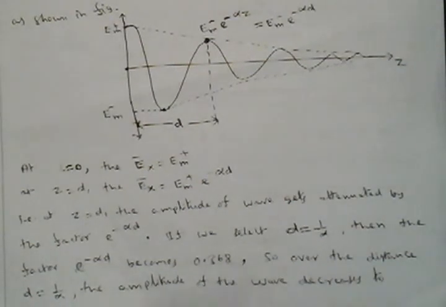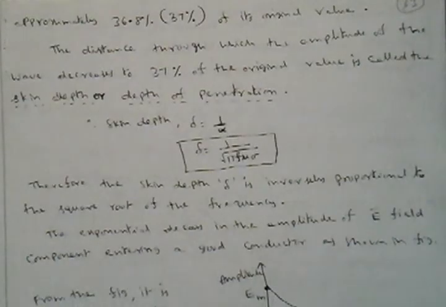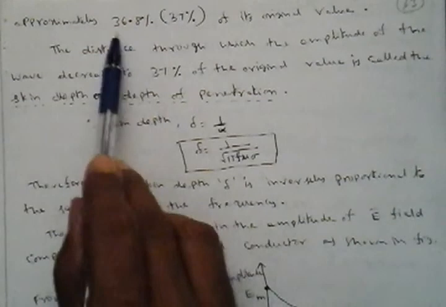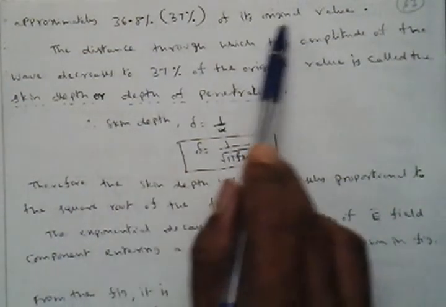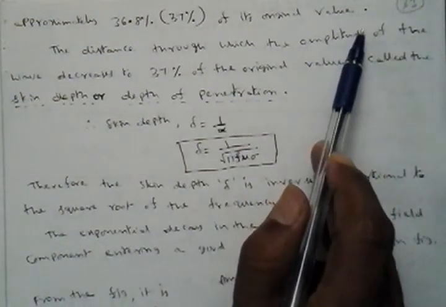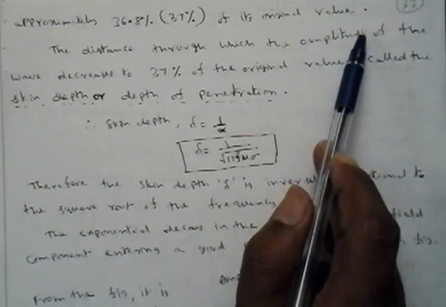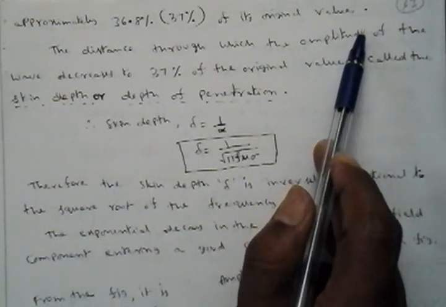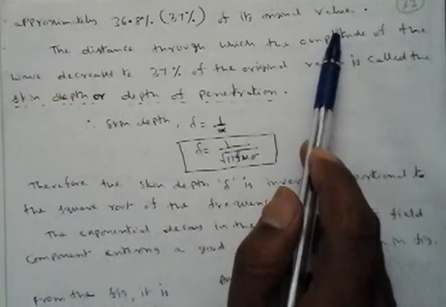So over the distance d equal to 1 by alpha, the amplitude of the waveform decreases to approximately 36.8 percent, or 37 percent, of the original value.